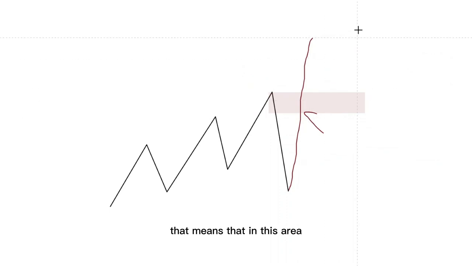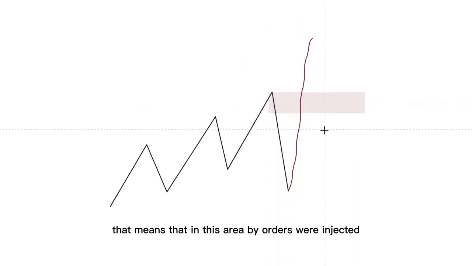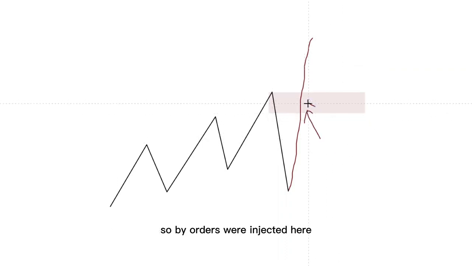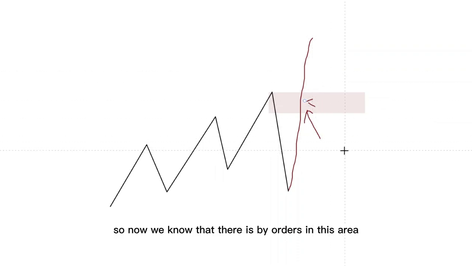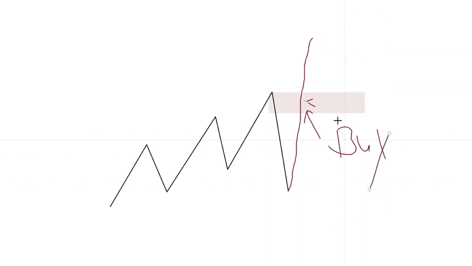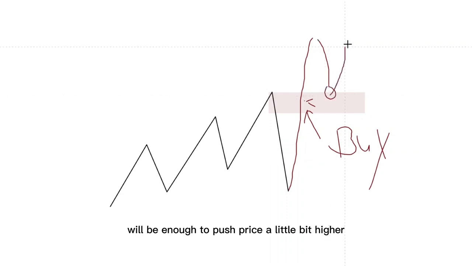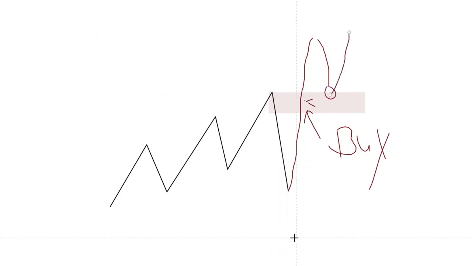That means that in this area, buy orders were injected. So buy orders were injected here, maybe even here, maybe even here. So now we know that there is buy orders in this area. When price comes back, the leftover orders here will be enough to push price a little bit higher.